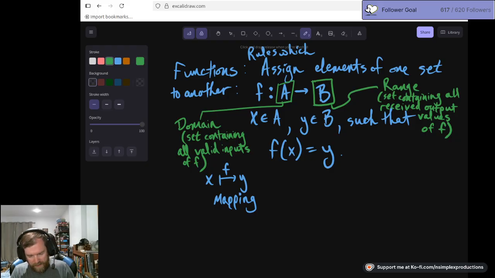However, sometimes you can end up with sets which are larger than that. It's not a minimal set. It doesn't have to be a minimal set. So it can contain all of the valid inputs of f in order to be the domain, and all of the received output values of f in order to be the range.